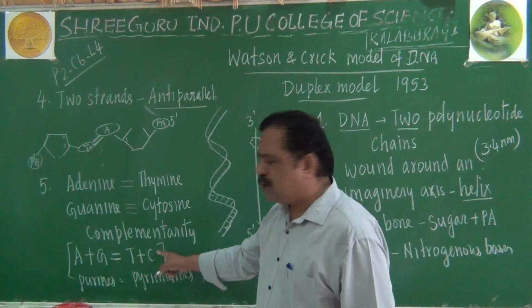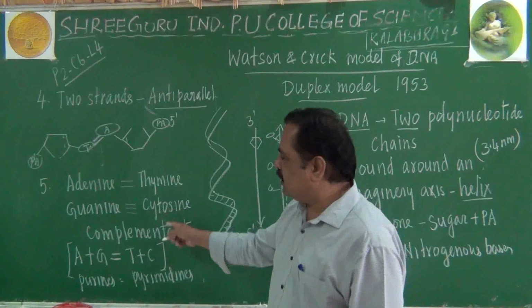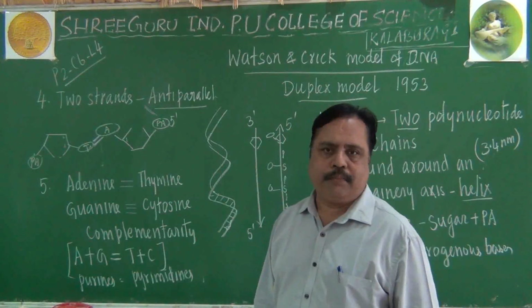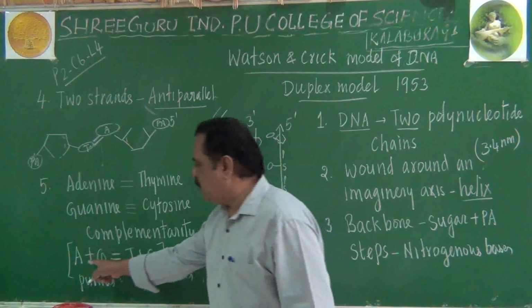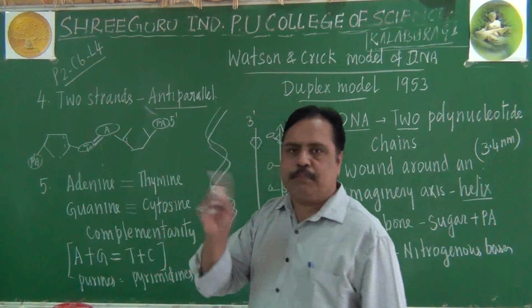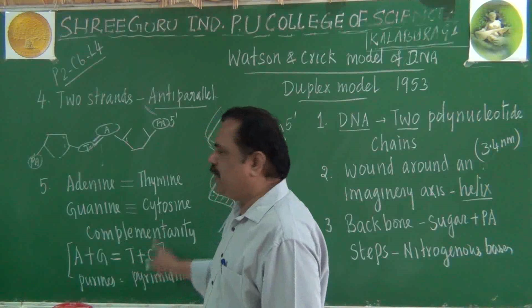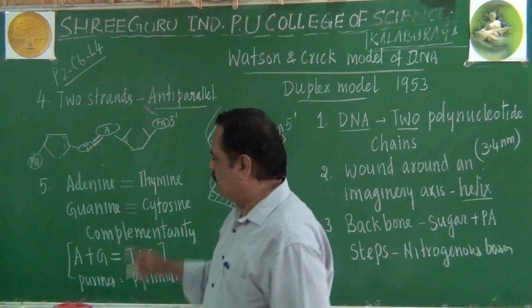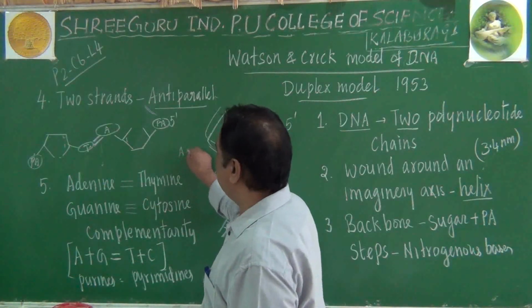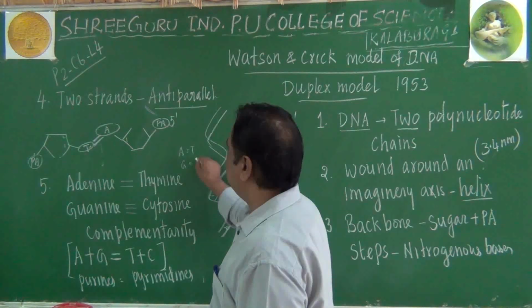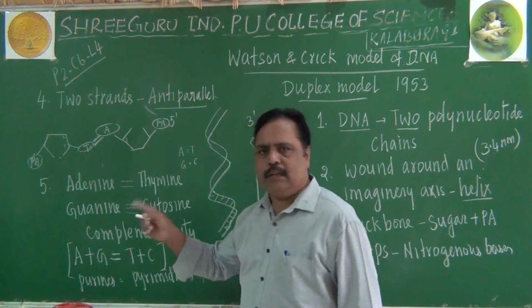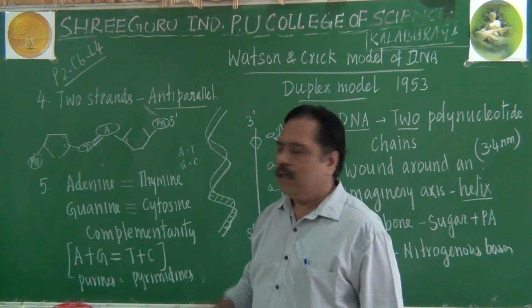Please, there will be many confusing questions based on this complementarity nature. You should not write A plus T is equal to G plus C. That is wrong. A plus G can be equal to T plus C. But A can be equal to T, and G can be equal to cytosine. The number of guanine and the number of cytosine are equal.